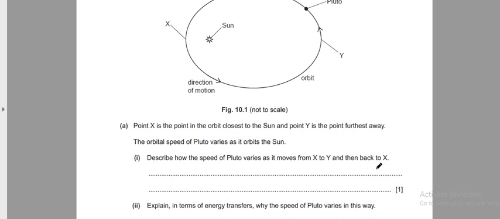You should remember that for orbital motion we have two special points, the closest point and the furthest point. For every one of them we should know the difference in terms of gravitational force, kinetic energy, and gravitational potential energy of the planet.